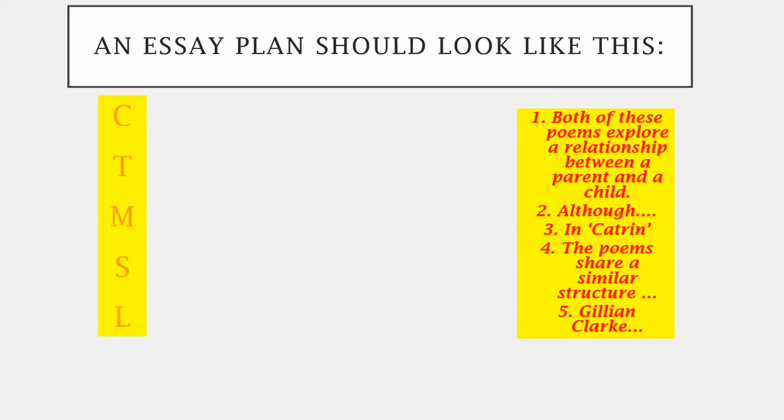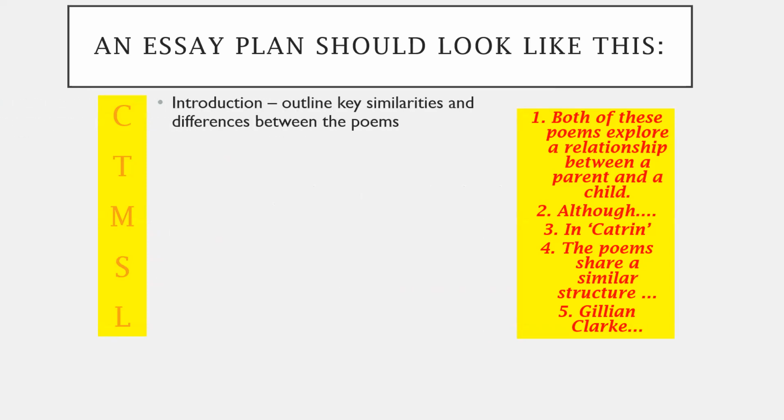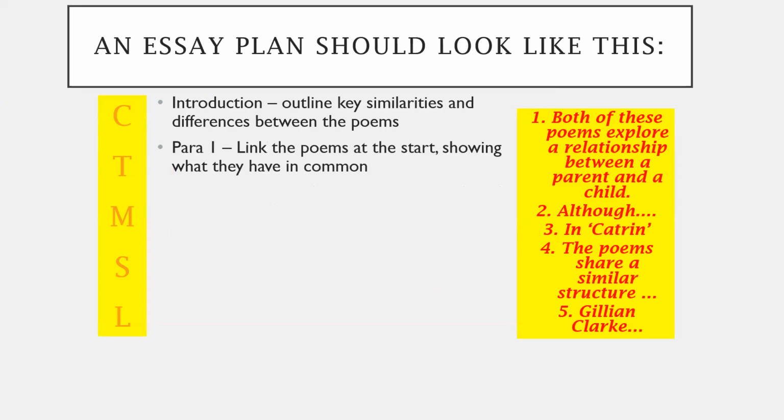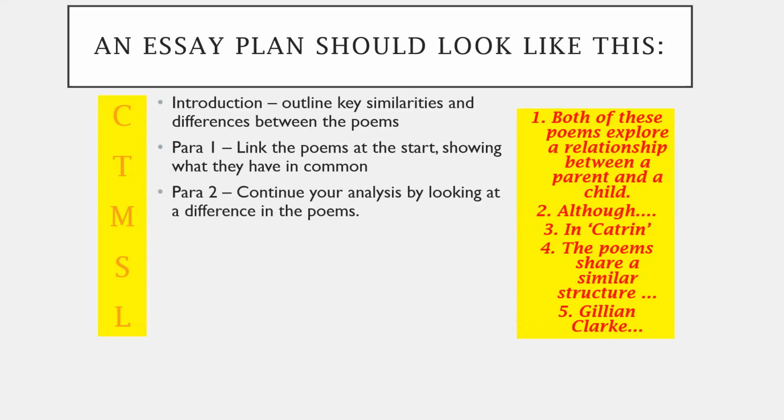How an essay plan should look. So you should start off with the introduction. Outline key similarities and differences between the poems. Paragraph 1, you should link the poems at the start, showing what they have in common. Paragraph 2 is continue your analysis by looking at the difference in the poems.